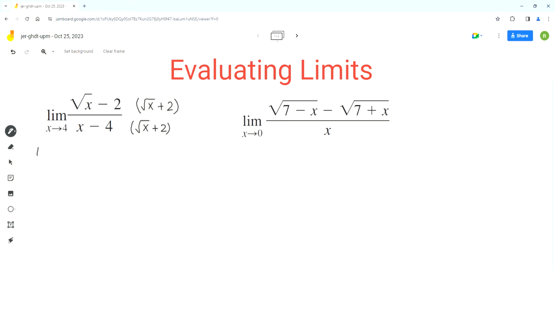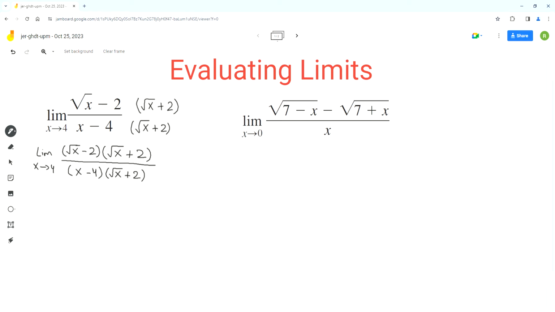So we get limit x approaches 4. In the numerator we get square root of x minus 2 times square root of x plus 2 over x minus 4 times square root of x plus 2.